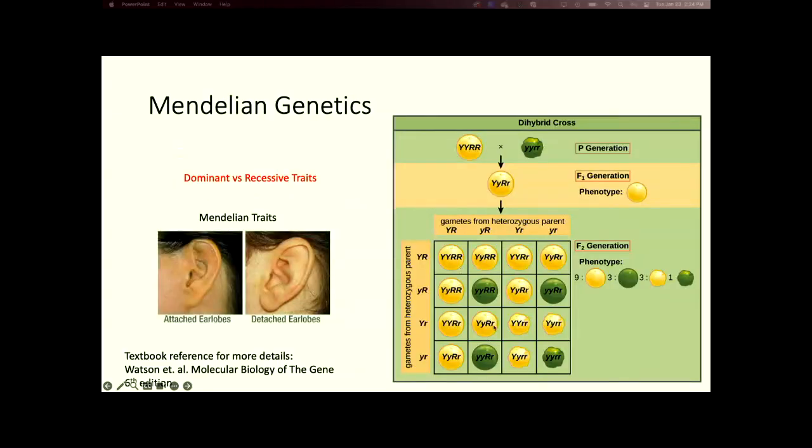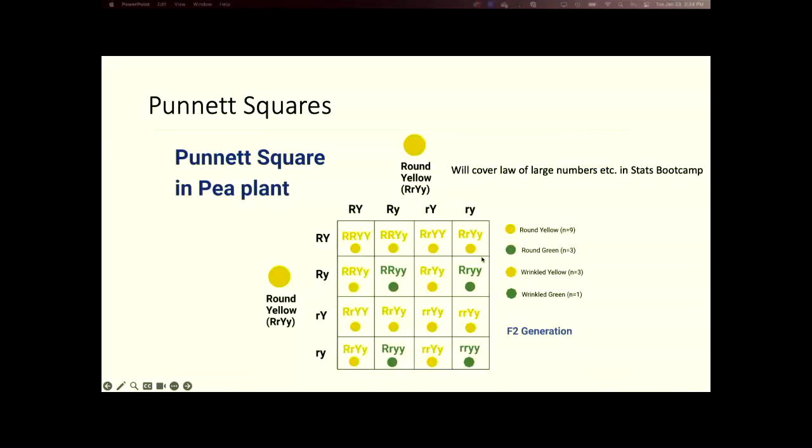So you can see that we only have 3 wrinkled yellow and only 3 round green, and 1 wrinkled green pea. And we have a 9 to 3 to 3 to 1 ratio in this. And by breeding thousands of pea plants, Mendel discovered that this ratio is explained by the law of large numbers. This ratio is roughly fixed regardless of the number of pea plants we breed or the number of offspring we have.